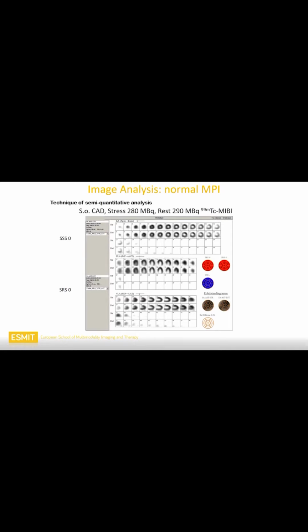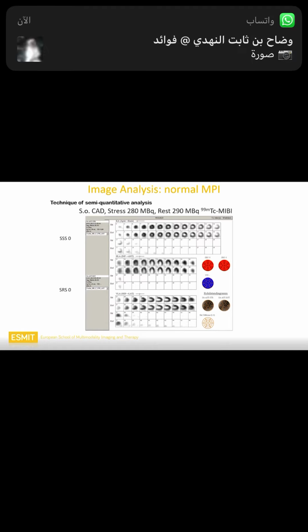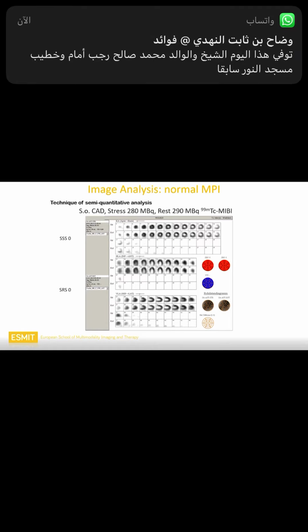This is an example. The patient with, again, detection for coronary artery disease with sestamibi, and we can see on the top the stress, and then we have the rest, and we can check from the short axis and horizontal and vertical axis. And finally, this is a normal perfusion, normal visual analysis, but also if you can quantify the uptake, you can say it's 0 for the stress, 0 for the rest, so it's a normal perfusion and it's perfect for the patient, no ischemia.